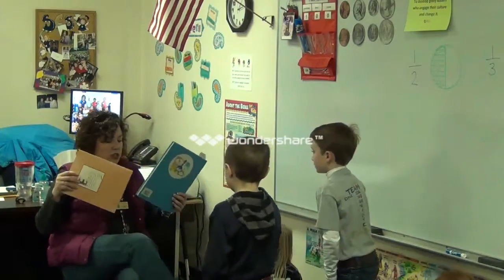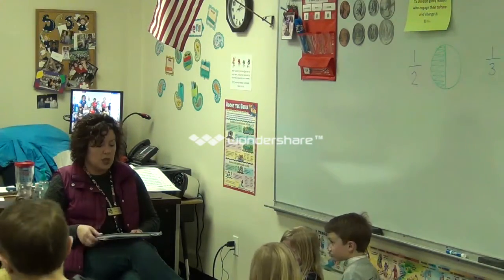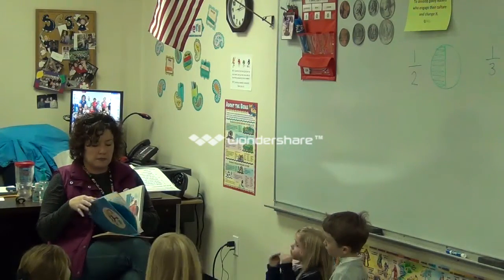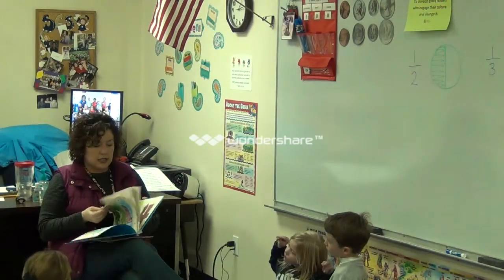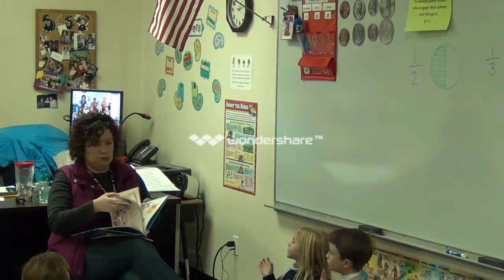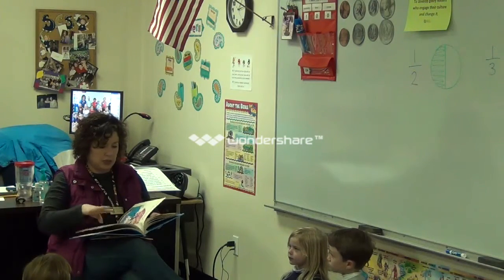So remember yesterday when we read The Little Red Hen and Burro's Tortillas? Do you remember that? Well, we're going to read two more stories. So the first one we're going to read, on the page, Josie, you need to be on the carpet, please.